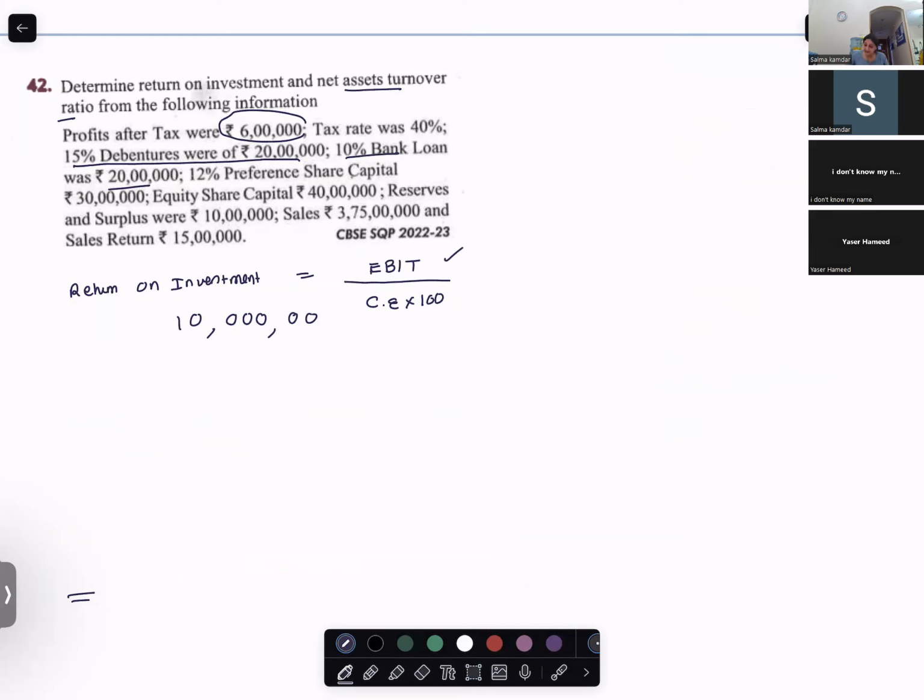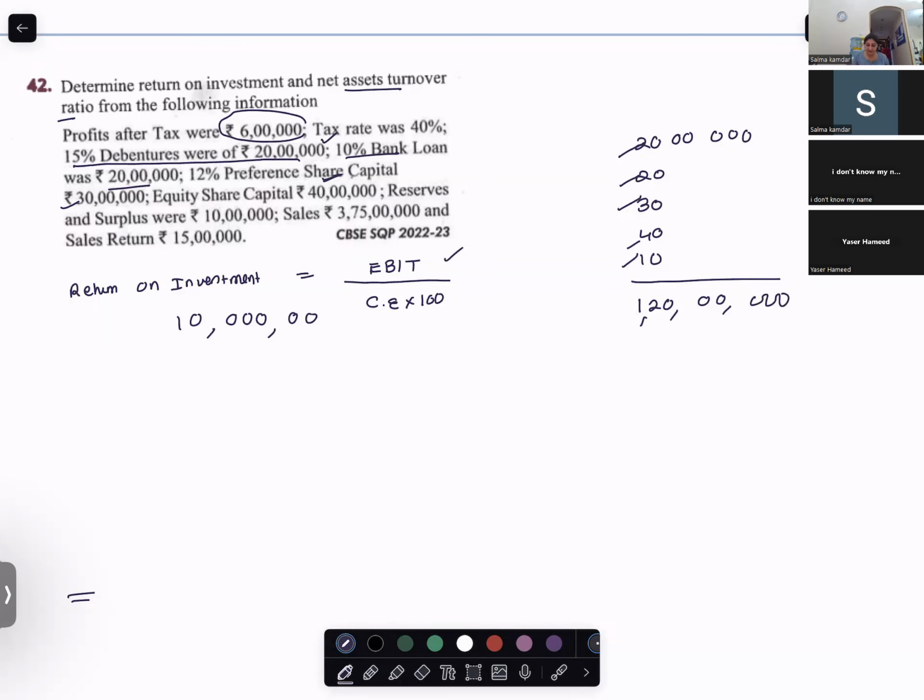That is 20 lakh for debentures, then bank loan, again 20 lakh, then preference share capital 30 lakh, equity share capital 40 lakh, reserves and surplus 10 lakh. So total is 1 crore 20 lakh.